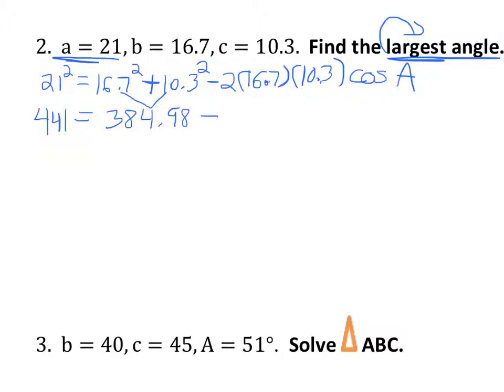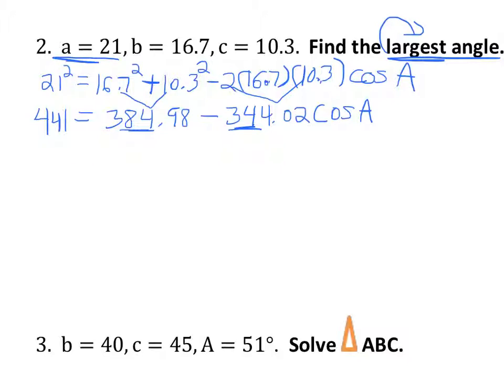And then it's minus. I'm going to multiply these together: 2 times 16.7 times 10.3, and that gives me 344.02 times the cosine of A. Where students go wrong is they subtract this 344 from this 384.98, but it's 344.02 times the cosine of A, so we can't subtract those.